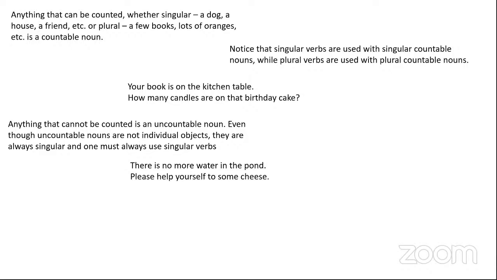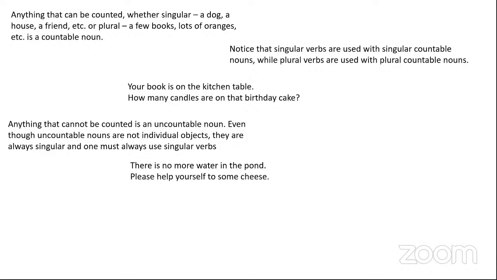Here you cannot write waters. Water is always in singular form because it is an uncountable noun, so the verb with it also remains singular.